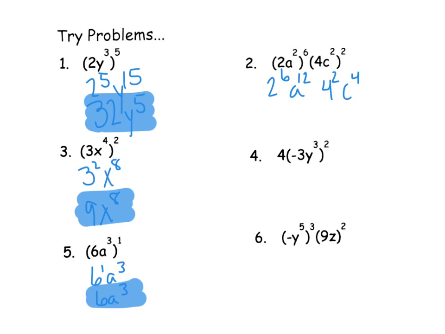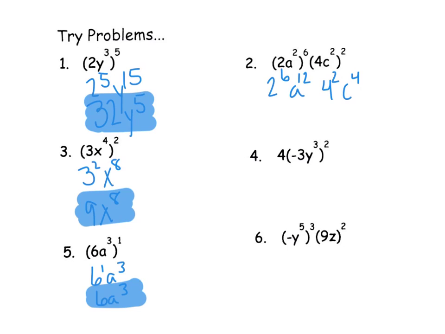But what happened on number 2 is you notice you got something a little crazy here. So I distributed the 6 to both, got 2 to the 6th and a to the 12th. Distributed the 2 here, got 4 to the 2nd, and c to the 4th. Now, here we're going to simplify.